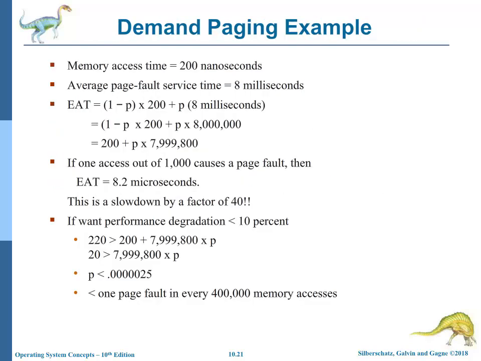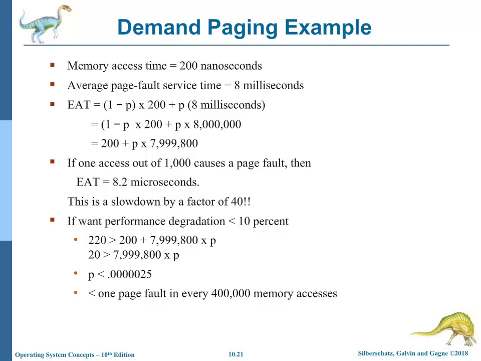For the sake of discussion, suppose that a normal memory access requires 200 nanoseconds, and servicing a page fault takes 8 milliseconds. So 8 milliseconds equals 8,000K nanoseconds, or we can say it's 40K times a normal memory access.